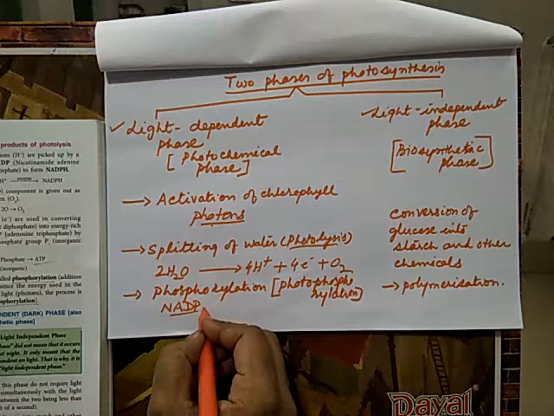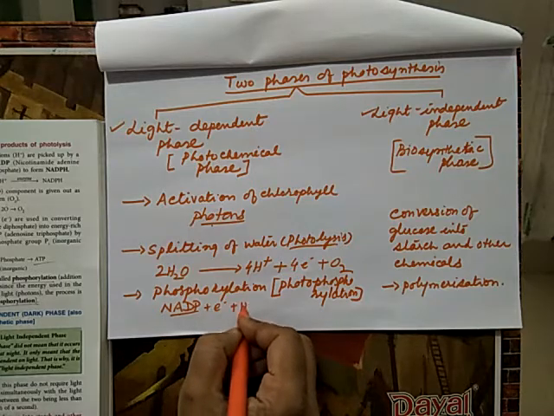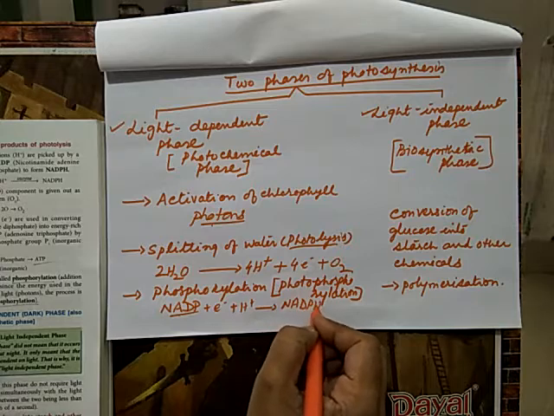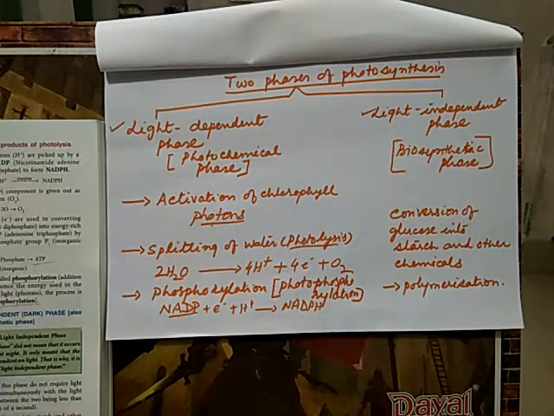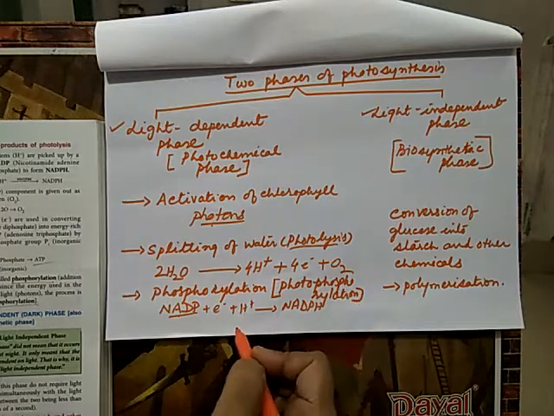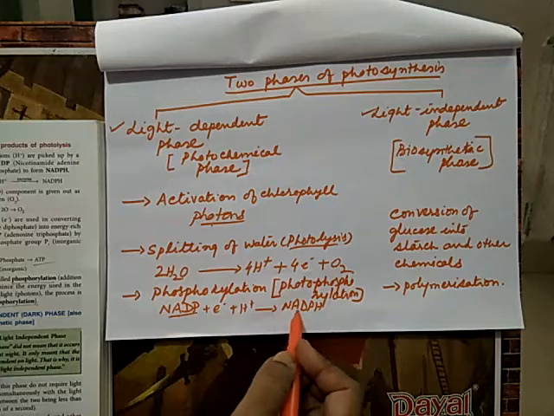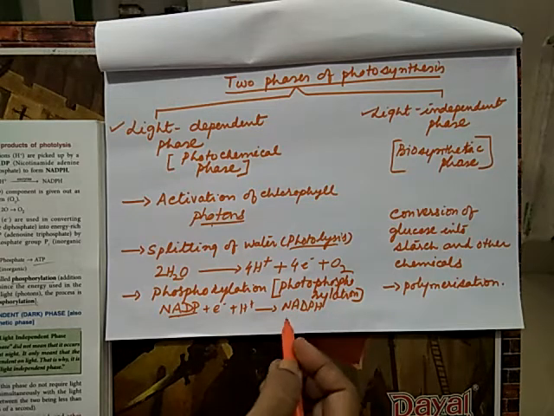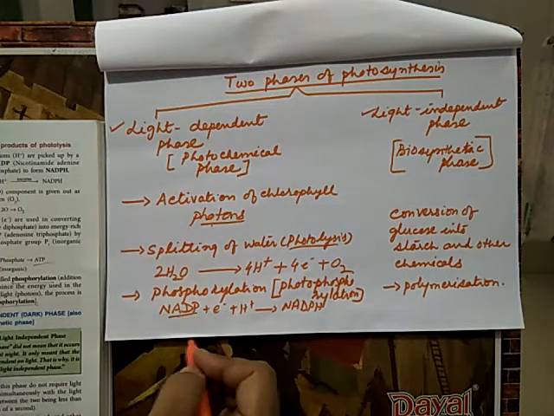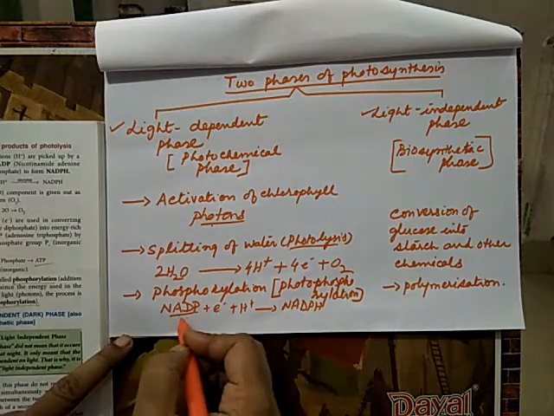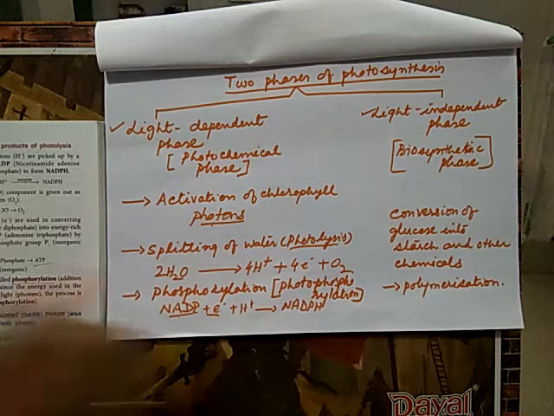After being reduced with the electrons and the hydrogen, it gives NADPH. So, combining with the hydrogen and the electrons, it forms NADPH, the reduced nicotinamide adenine dinucleotide phosphate.